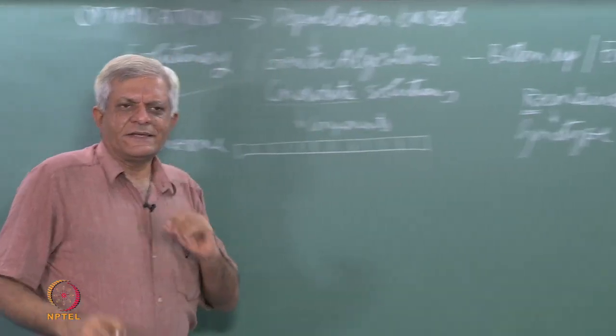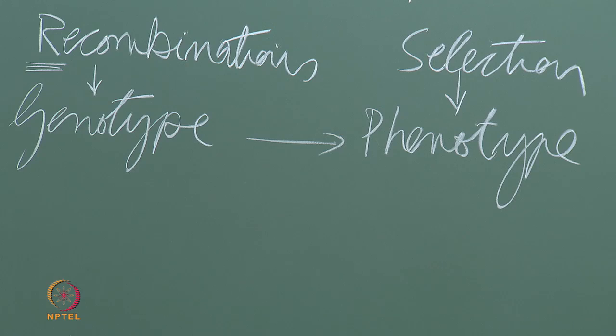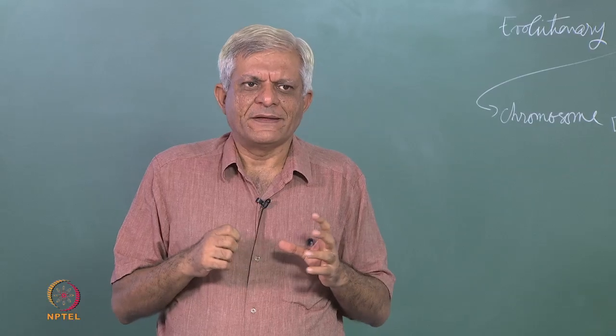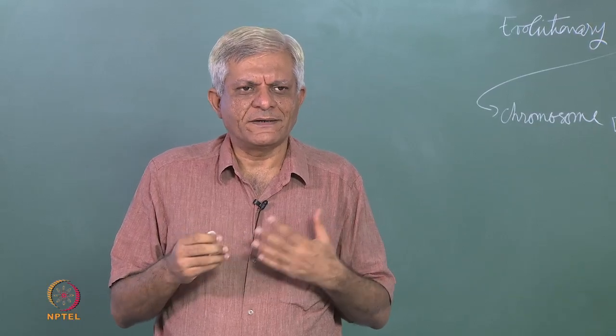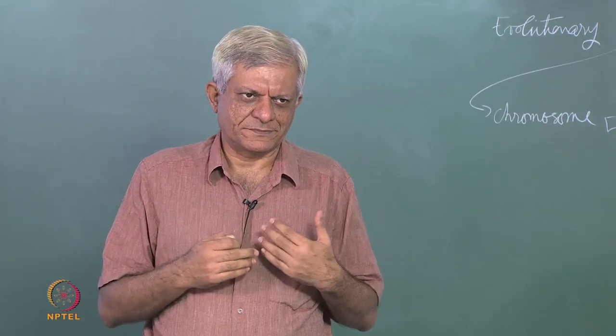So, the idea in genetic algorithms is that you draw some components from one parent, some components from another parent, in the hope that you will inherit the good components of both parents.